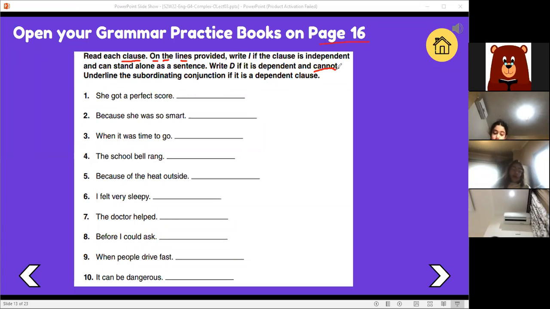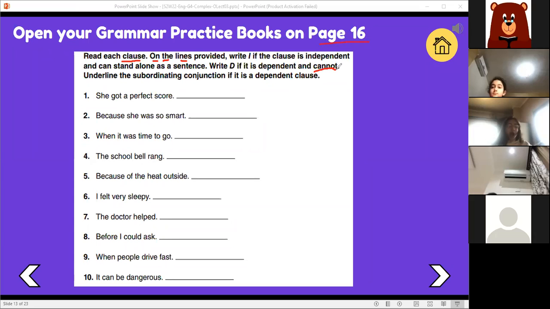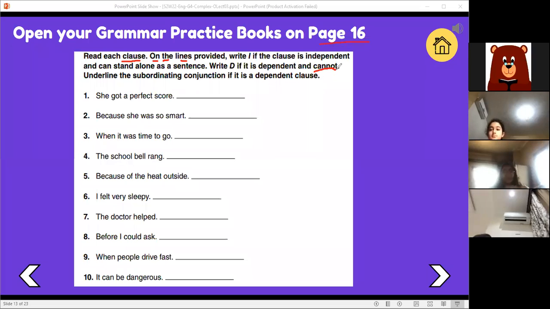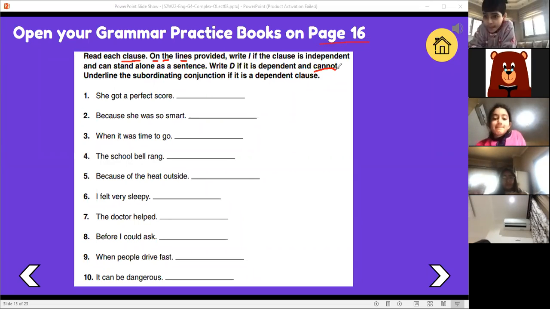Rev, can you remind me, please? Because I forgot. What do they mean by independent clause and dependent clause? If you can give me an example, I'll appreciate that. Okay, an independent clause is like a sentence that can stand alone without help. You don't have to add anything for it.